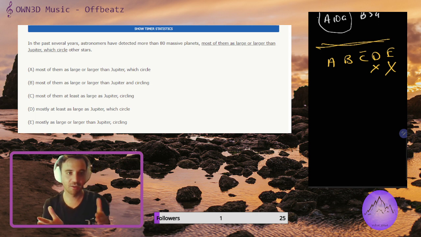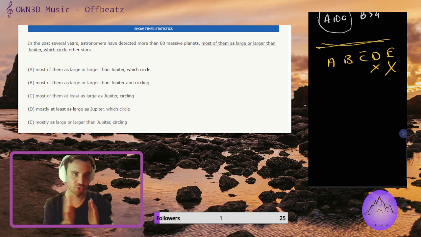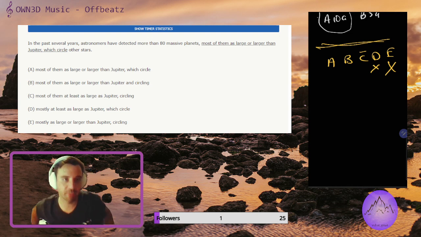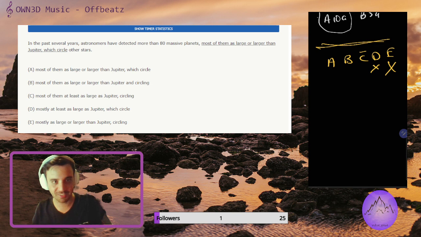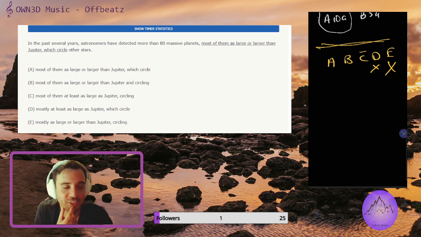It can't jump that to then go back to 80 massive planets. It has to refer to Jupiter. And that's wrong, because it's not talking about Jupiter circling other stars, because it doesn't. Jupiter circles our sun. So that's why I think A is wrong. So that's actually a hard rule. I believe that makes that wrong. It also applies to D, but I'd already ruled that out because of mostly, which I hope is a rule that's actually wrong. Otherwise, I'm just getting that wrong.